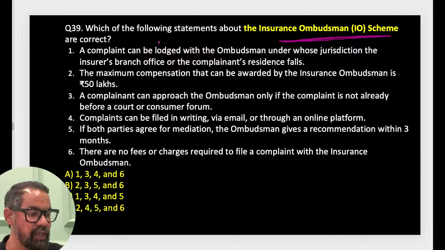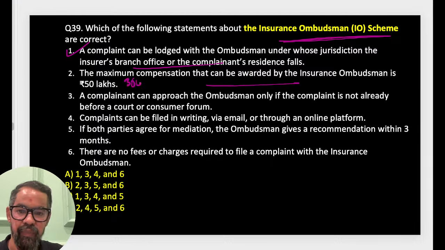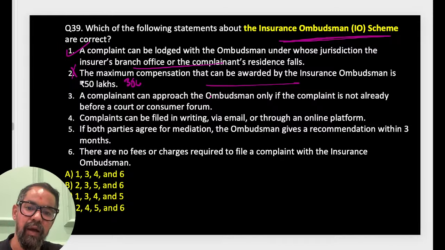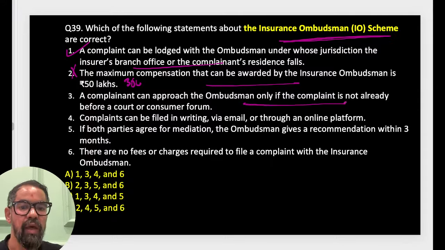So what will be your correct answer, guys? A. Vinod sir is saying A. Other people. So the complaint can be lodged with the ombudsman under the jurisdiction of the insurer's branch or the complainant's residence. Okay, absolutely right. The maximum award is how much? 30 lakhs. So the maximum award is 30 lakhs. The complainant can approach the ombudsman only if the complaint is not already before a court and others. True.